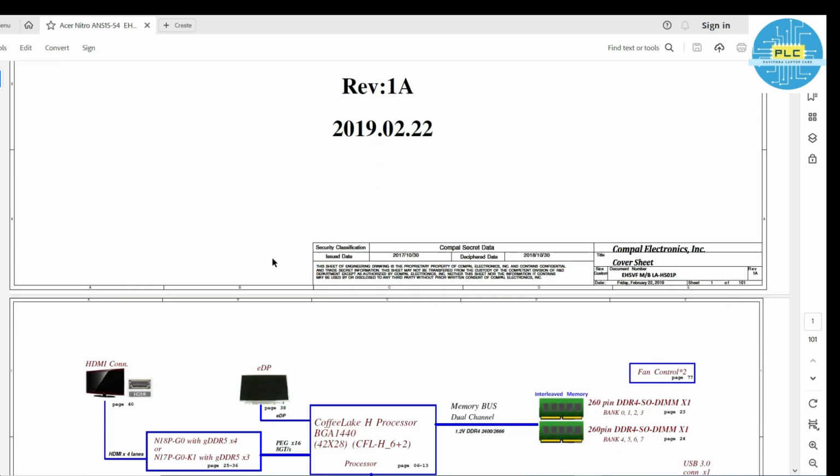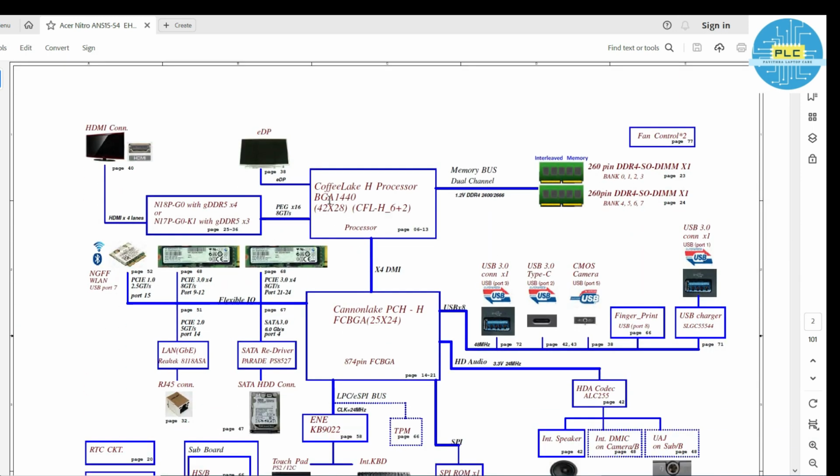See, now what I told, here is the circuit. This circuit is connected to the EDP, HDMI. Just assume; if you can't understand also, no issues. This one is RAM. This one, what is this? Coffee Lake H processor. The processor is connected to what? HDMI, EDP and RAM, and also to the PCH.